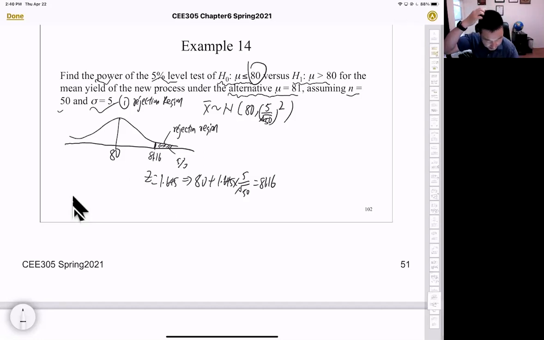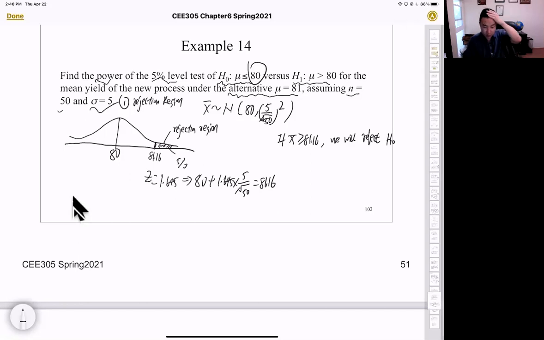So the rejection region is: if the mean value is larger than or equal to 81.16, we will reject H0.